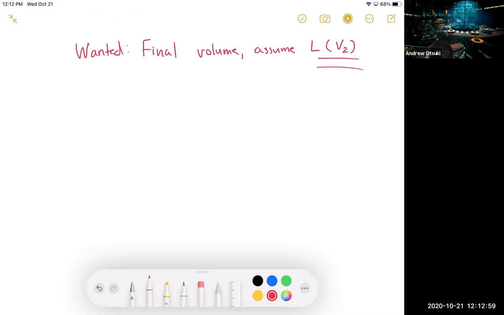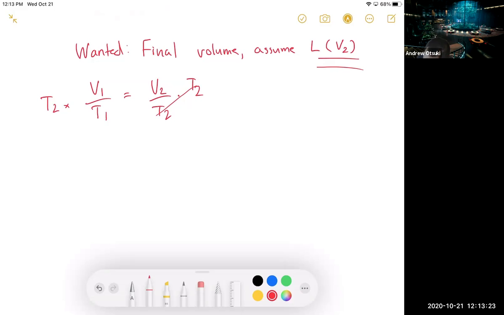Okay, so we have V1 over T1 equals V2 over T2, like so. So let's say we're solving for V2, right? So we're going to multiply both sides by T2. T2's cancel, and then we have T2 times V1 over T1.